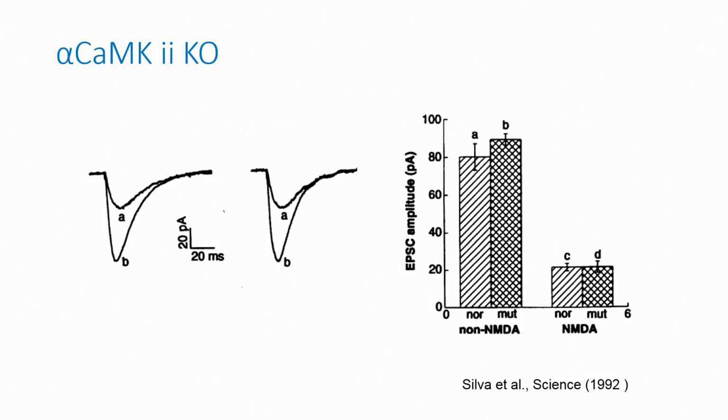How you would do that is you just block the NMDA receptor, and then measure whatever is happening, and that is the background current, and you can subtract that and generate the NMDA current characteristics. So these insets are the NMDA currents in both the normal as well as the mutant. In fact, you can't even make out which is which, they are that identical. So the inputs are all right, there is no problem with the inputs.